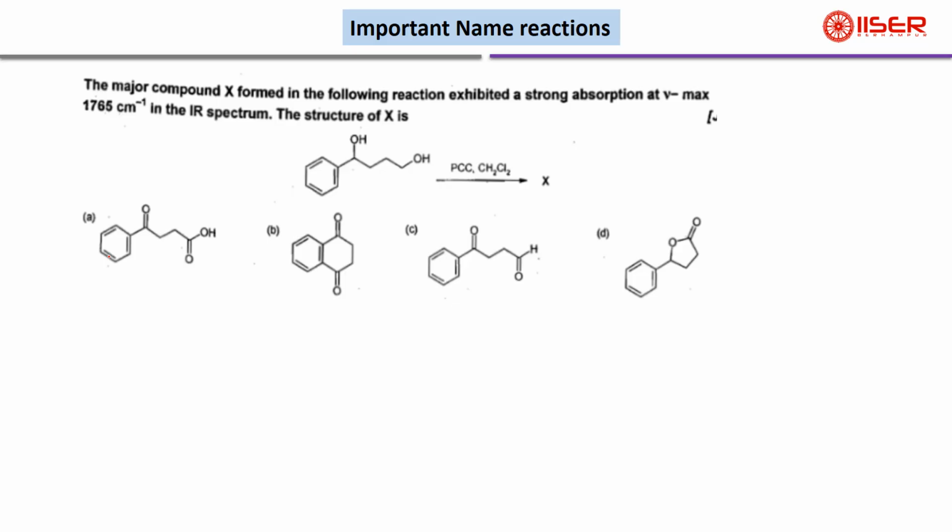In presence of PCC, primary alcohol gives aldehyde and secondary alcohol gives ketone. And if both primary and secondary are present, the primary is more electron rich or electron donating. Because of that, it is prone to oxidize at a faster rate.